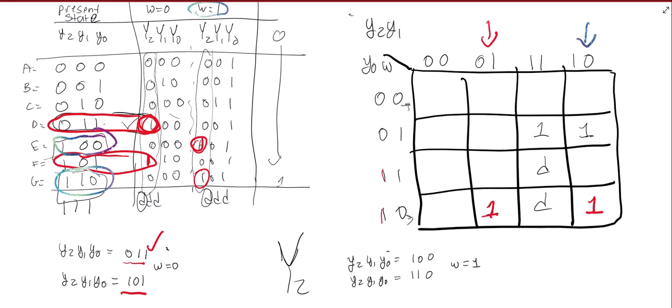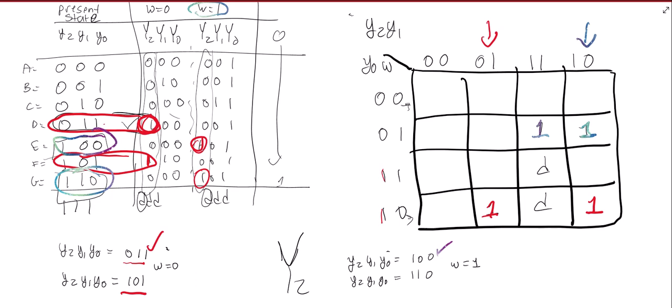So that's one of these two, and W is 1. That's right here. So this one is good. And Y2, Y1 is 1, 1. And Y0 is 0. That's one of these. And W is 1 is right here. So that, I think, is right. So, yeah, I think this one is right now.